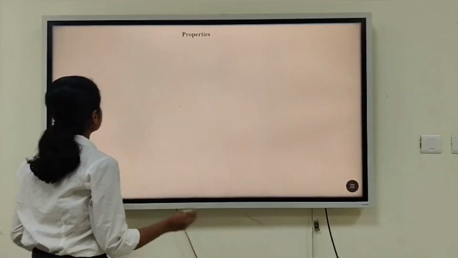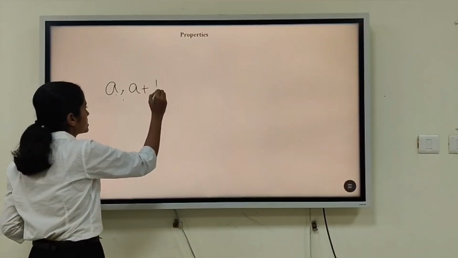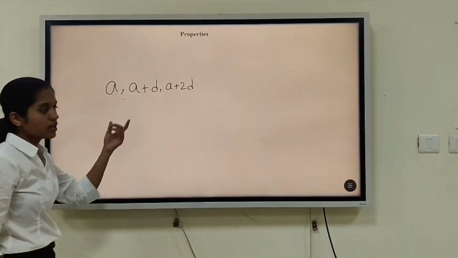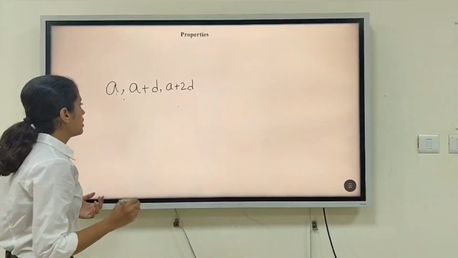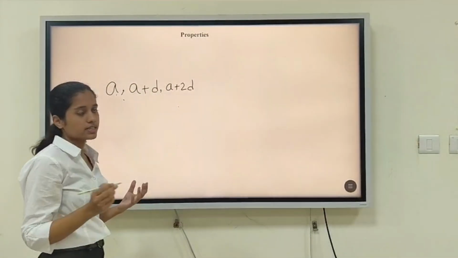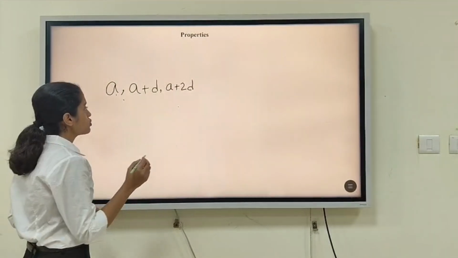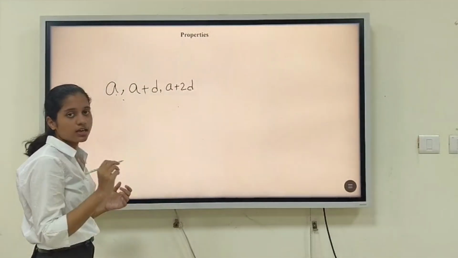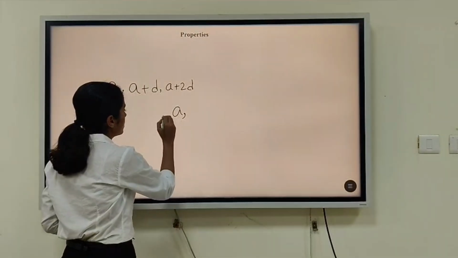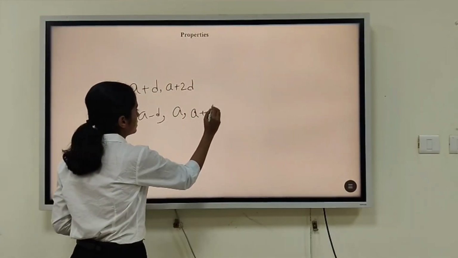Usually we take numbers in AP like this, a, a plus d, a plus 2d, but in this way we are getting two variables. If you have to solve a problem like this, where the sum of three terms is 40, to make the calculation easy, any three numbers in AP we will take like this: a minus d, a, a plus d.